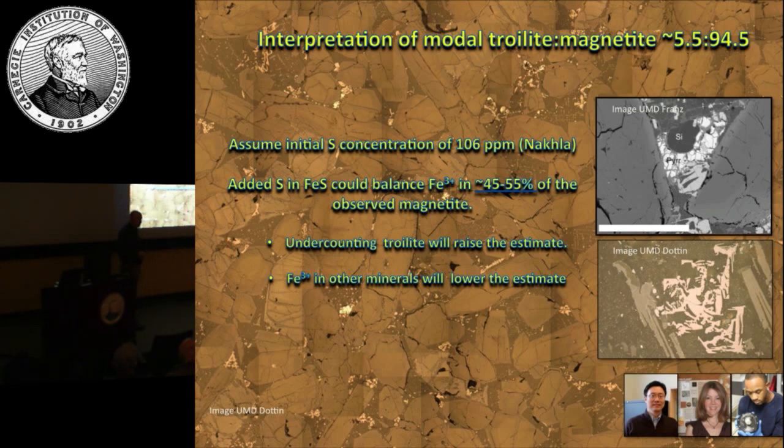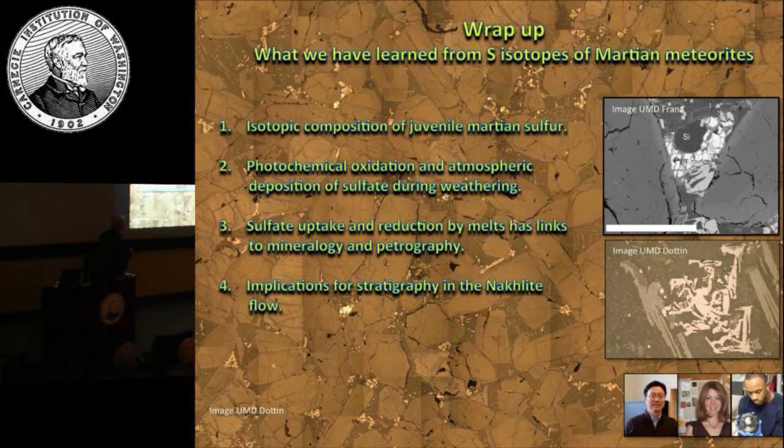This work is yet to be fully completed, but this is the project that is underway, and what we can say pretty clearly is that we do think that there is a link between sulfate uptake and reduction in the melts to formation of the magnetite and the oxidation state of this rock. I think we'd say that pretty conclusively.